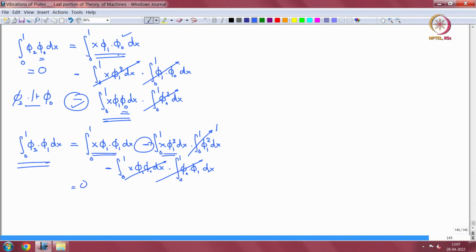So similarly we continue and find the higher order functions. Now, what is the next step?